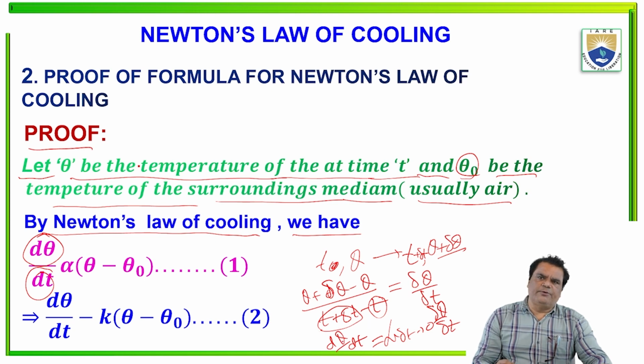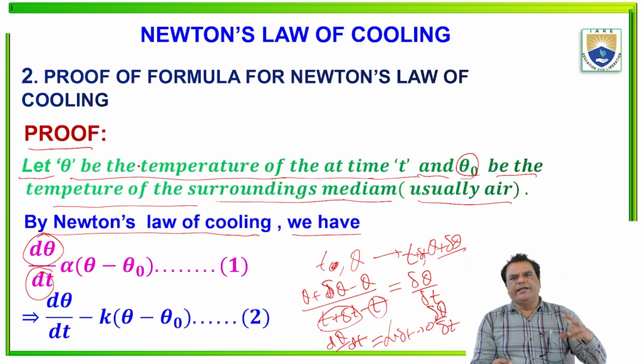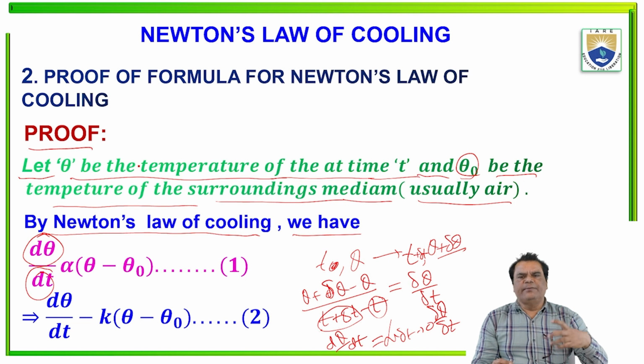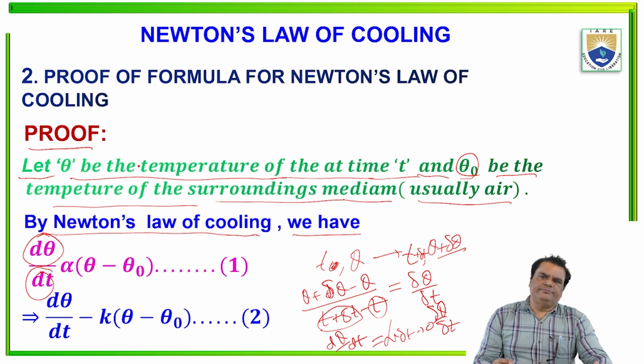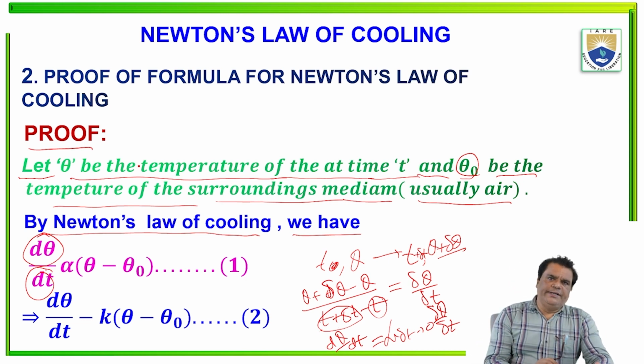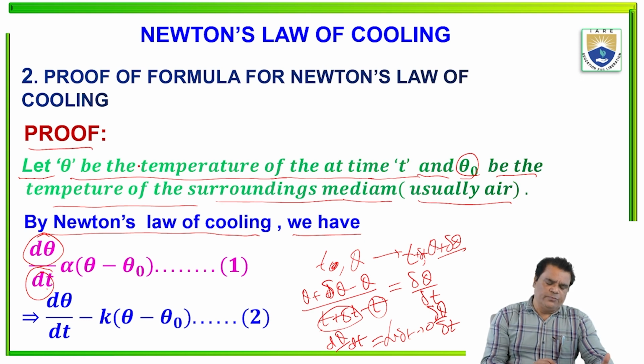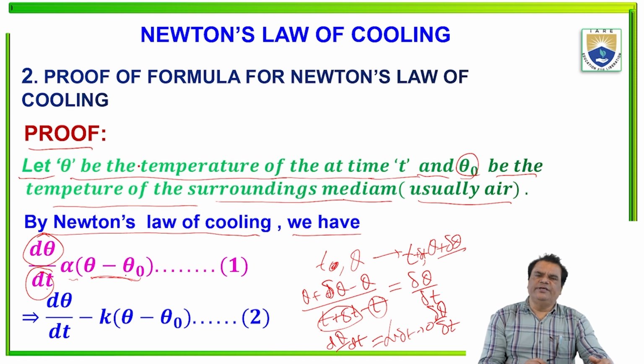Change in temperature of the body with respect to t. So d theta over dt means the rate of change in temperature of the body. It is proportional to the difference between the temperature of the body and the temperature of the air medium.